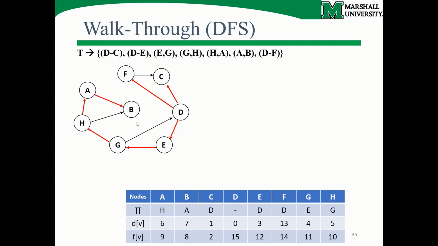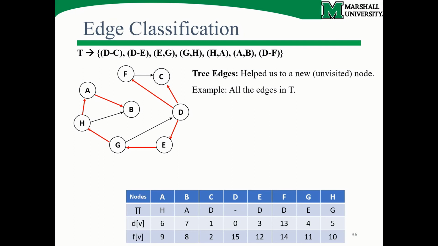For the DFS simulation, all the edges of the graph can be divided into some classification. First, tree edges. The edges that helped us to discover an unvisited vertex are called tree edges. Here, tree edges are DC, DE, EG, GH, HA, AB and DF.